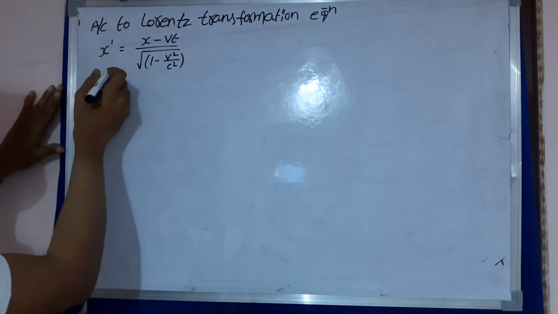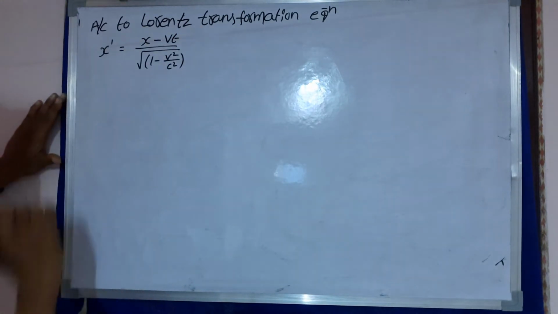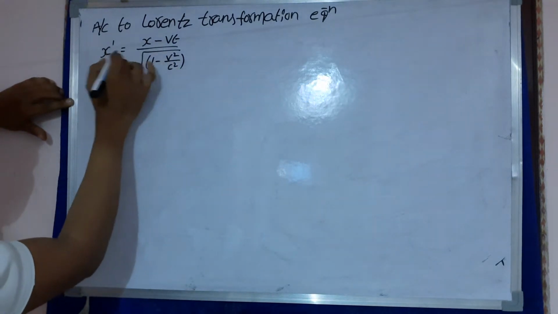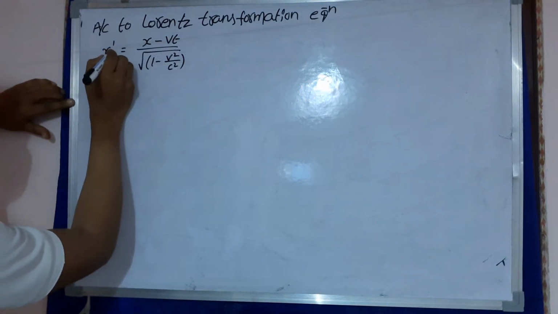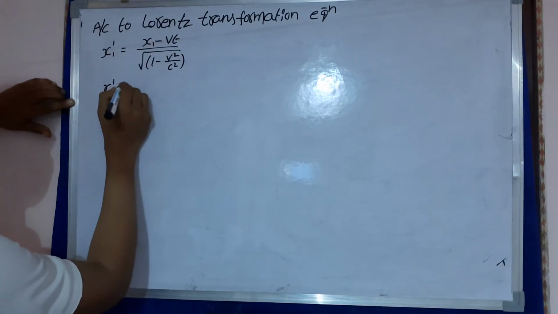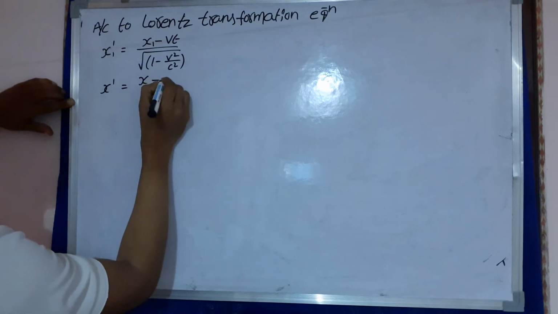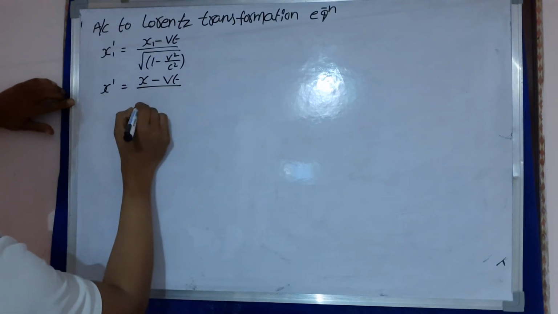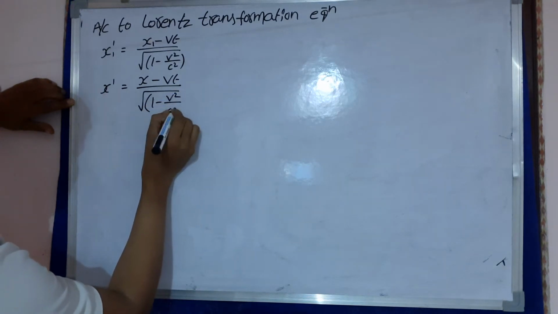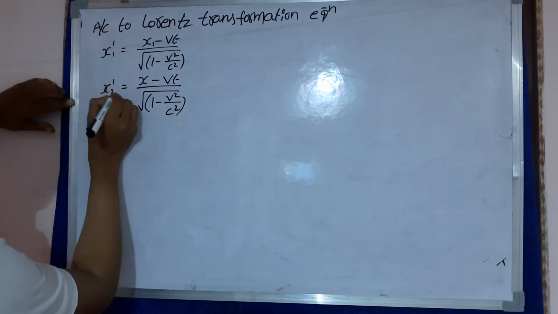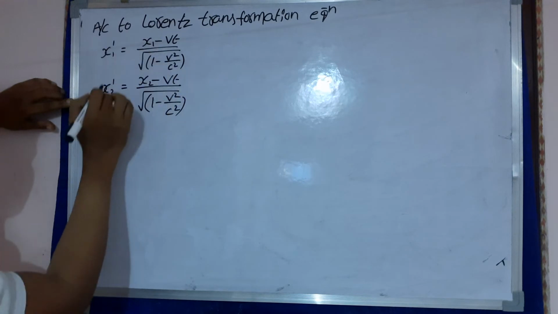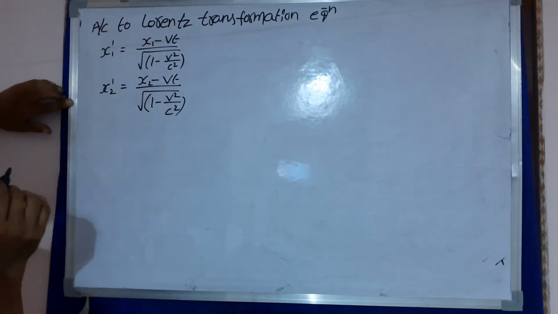So this is the x dash equation. For x1 it is x1, and for x2 dash it is x2 minus vt by the same root. So x1 means x1, x2 means x2.